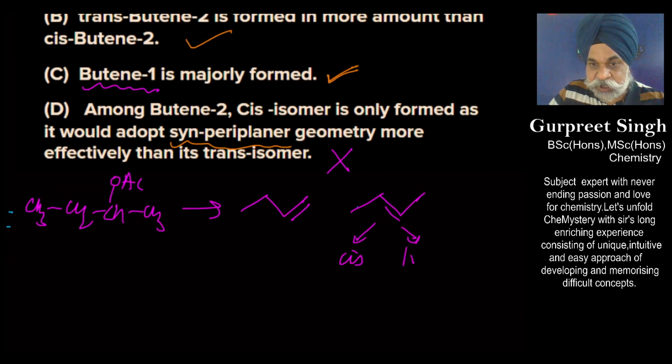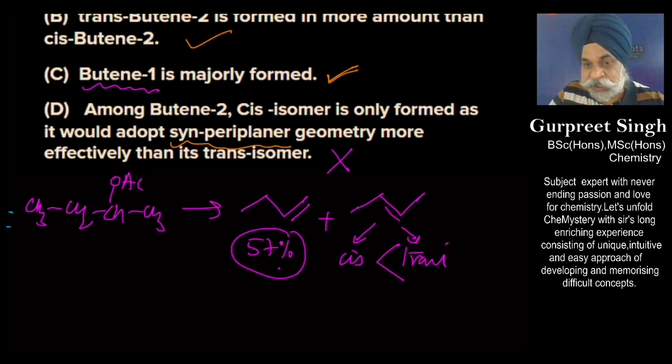Among but-2-ene, trans is majorly formed, although all are formed, almost 57% as per the data endorsed in some foreign author books. The rest is distributed among the others, but trans is more than that of cis, along with the formation of acetic acid.